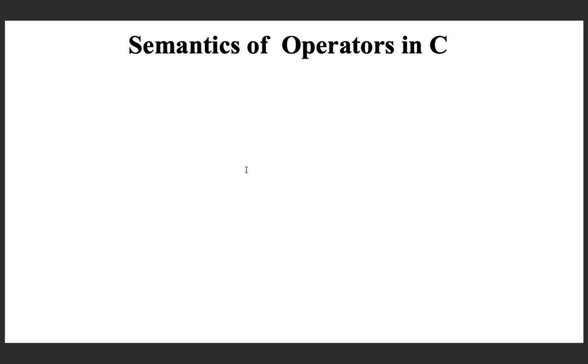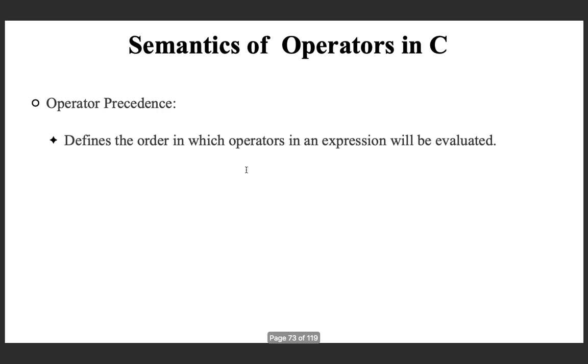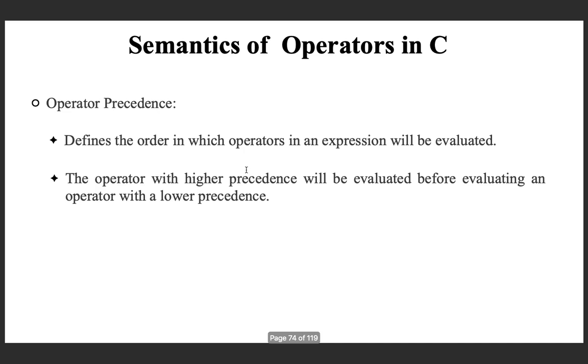Okay. Now what we looked at is operator precedence. What is it? It defines the order in which operators in an expression will be evaluated. The operator with a higher precedence will be evaluated before evaluating an operator with a lower precedence.